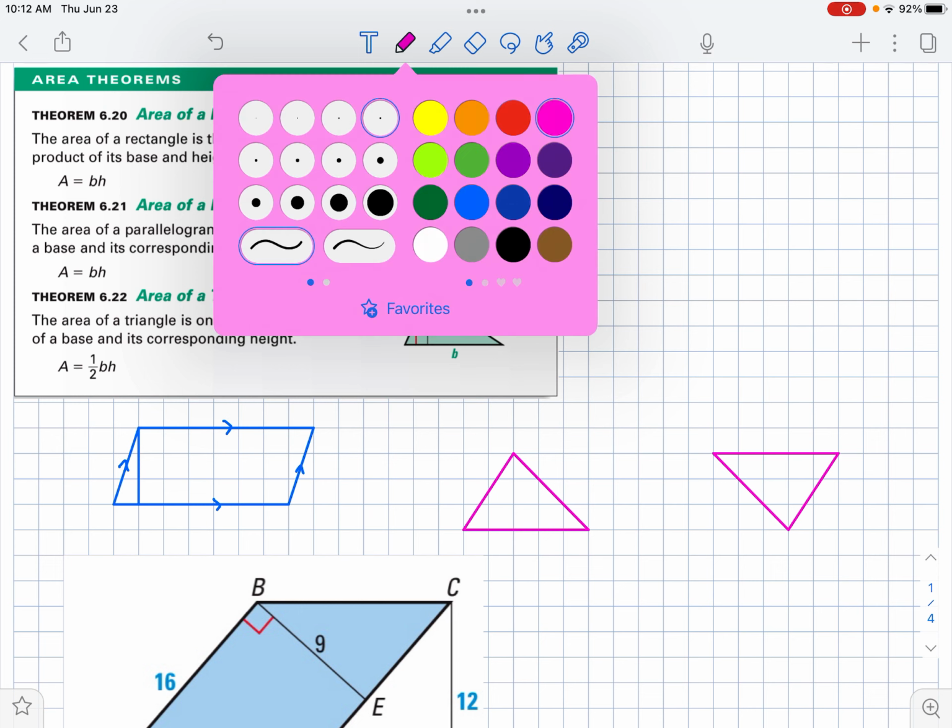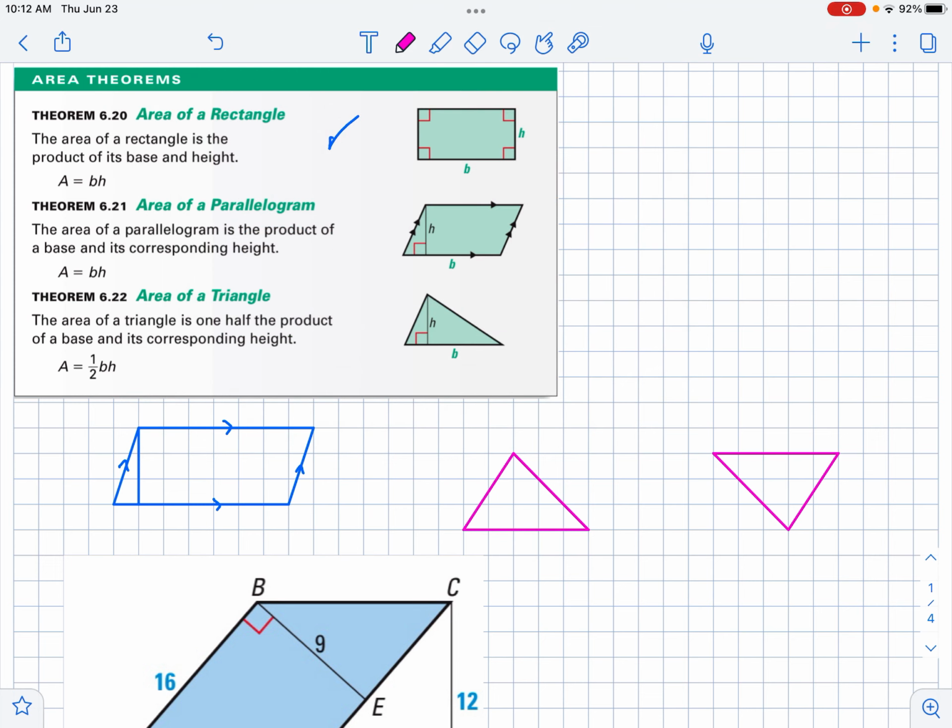Let me change colors here. Notice this little triangular area over here. Let's suppose that I keep all the area intact, but I'm going to move that over here. You notice what I've done is I've just moved this triangle, maintaining its area, right over here.